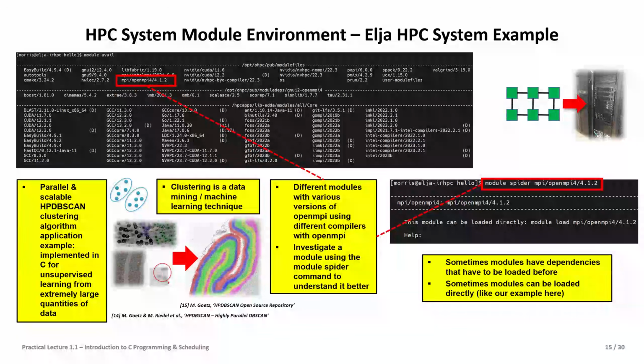In former times, we also had, for instance, HPDBSCAN as one of the modules available. Since we do more and more deep learning in the courses, we skip this clustering technique a little bit, but this is also a C program which is used for unsupervised learning, where you cluster, for instance, a brain slice that you have as an image, and then you cluster different areas of it and come to different cortical layers.